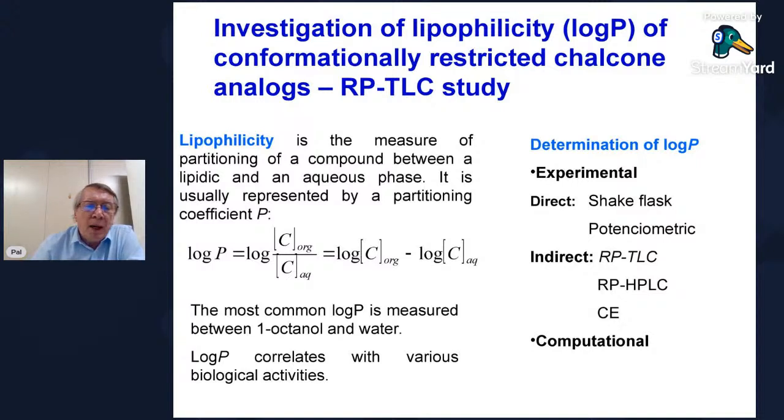aqueous phase. The log P values were determined in 1-octanol because using this organic solvent, the obtained log P values showed the highest correlation with the biological activities of the investigated compounds.